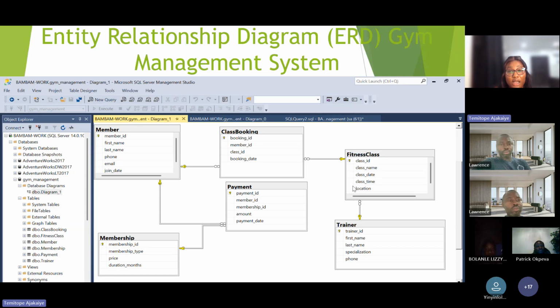And this diagram just shows how information in the gym management system is organized and connected to each other. And each box represents an important part of the gym, such as members, membership, and all of that. And the lines between these boxes show how each part is related to the others. For example, one member can make many payments and book many fitness classes, which is one-to-many.